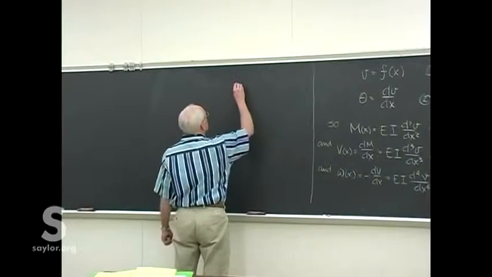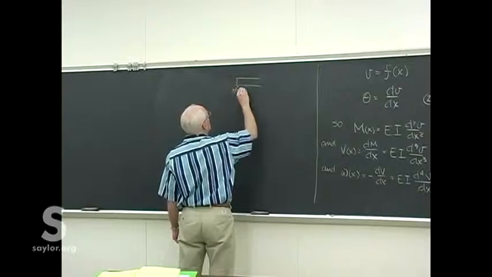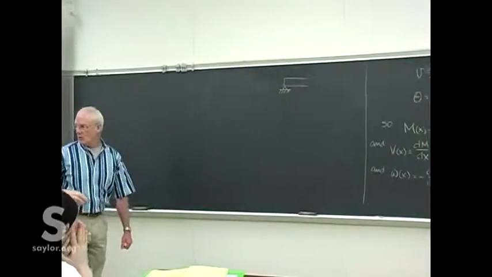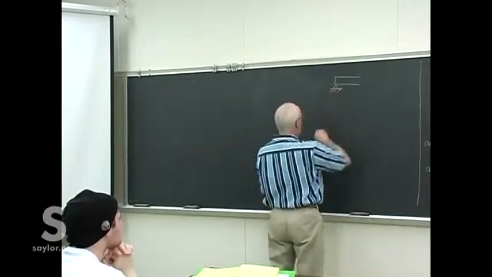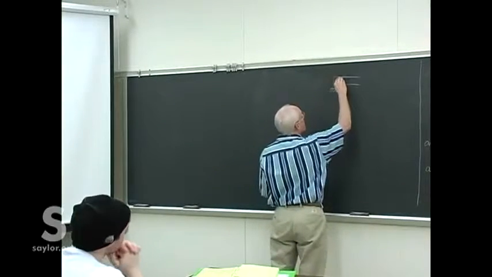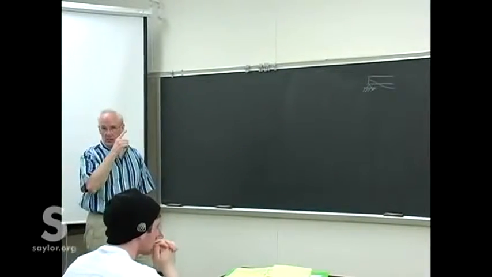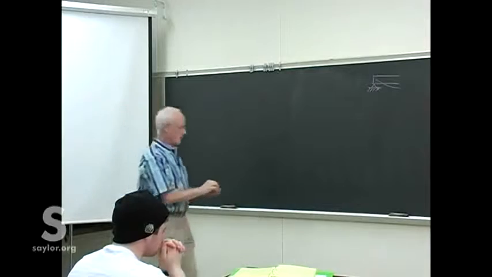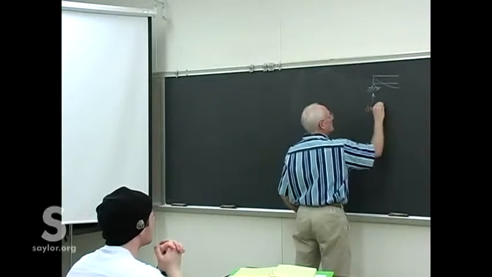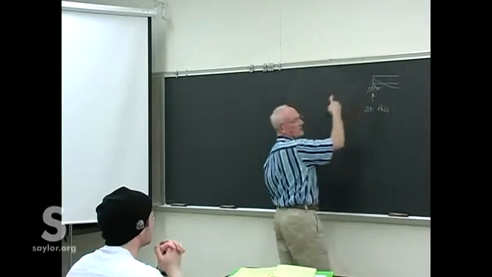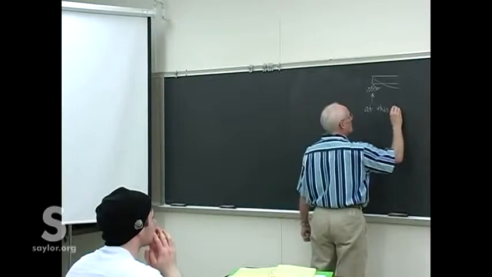For example, any place we have a simple pin support or a roller support, then the beam, whatever it does due to the loading, will have no deflection at that point. So that'll be a boundary condition, wherever that happens to be. Maybe at the end, but maybe in the middle of the beam. Depends upon where that support is.